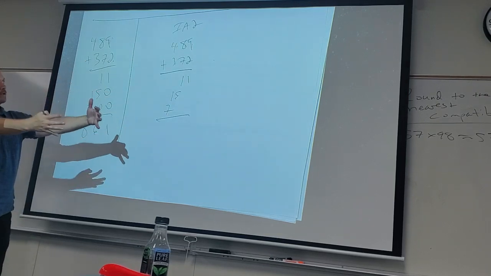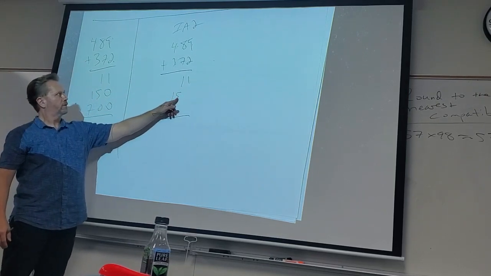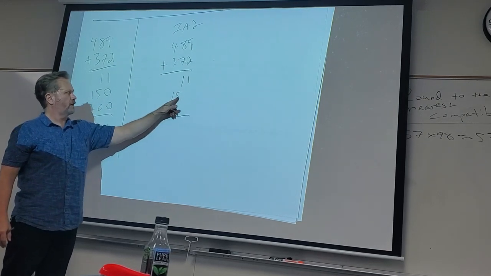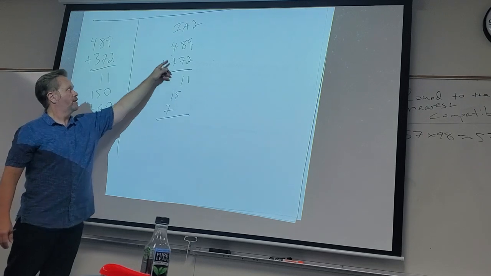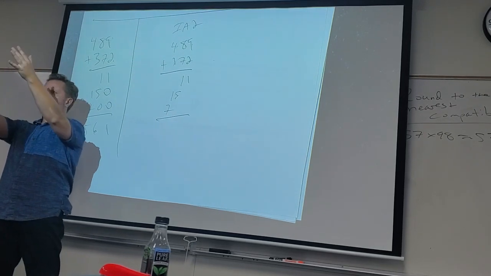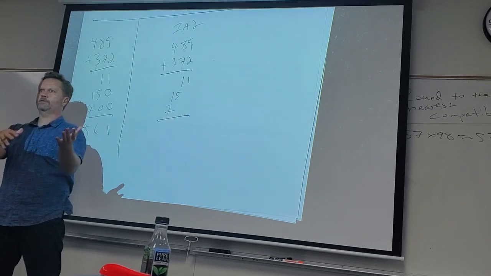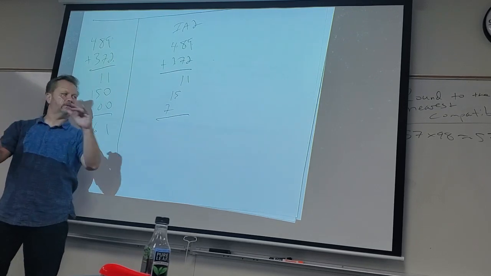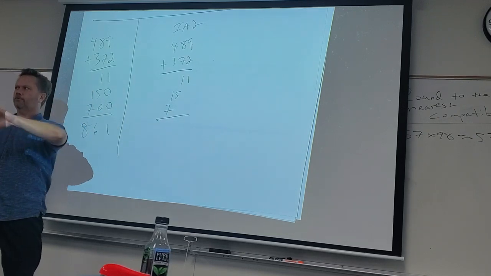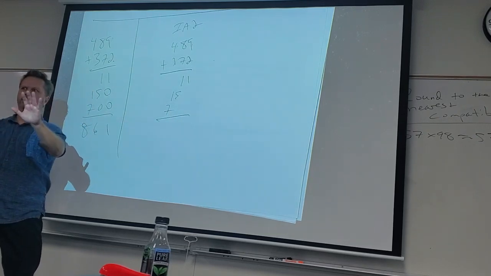So 8 and 7 is one place over, so if it was 4 and 3, I would just put a 7 here, but it's 8 and 7, so I put a 15. And then this third place over is where 4 and 3 goes. So the place tells me that it's hundreds or tens or ones, correct? Seems like a very subtle thing. Okay, I love it. You guys look appropriately amazed.